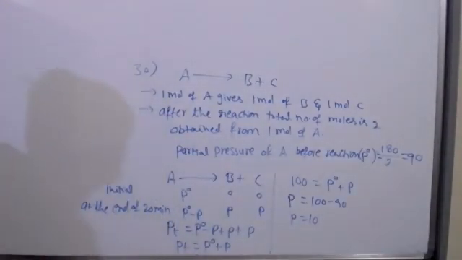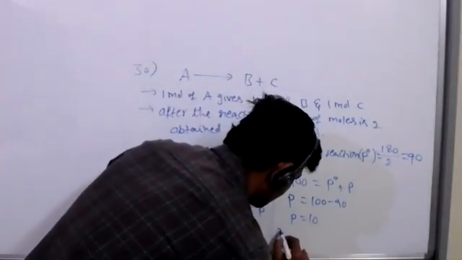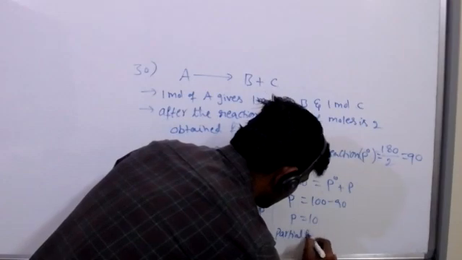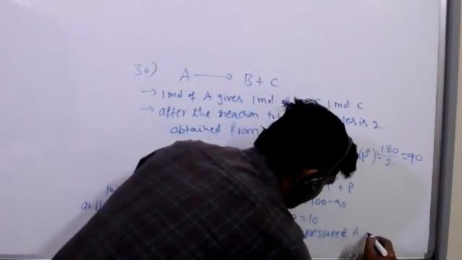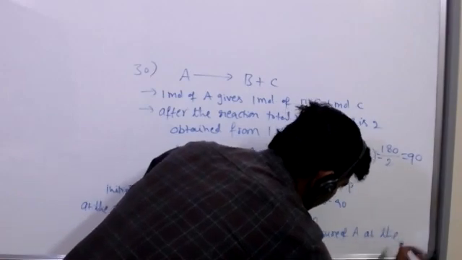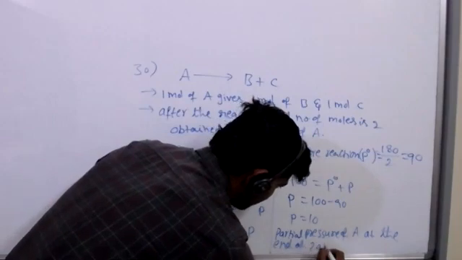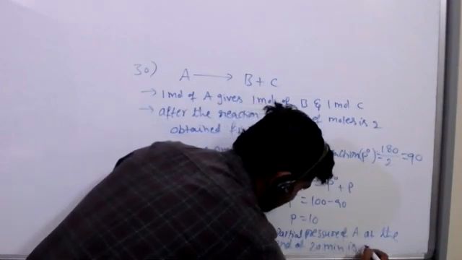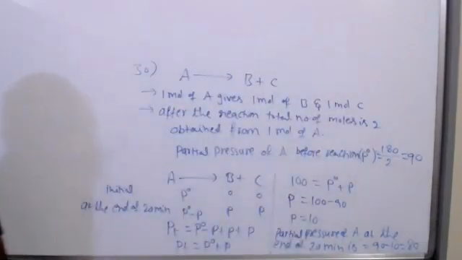How much A is left at the end of 20 minutes? Partial pressure of A at the end of 20 minutes is 90 minus 10, giving 80. So the answer is 80.